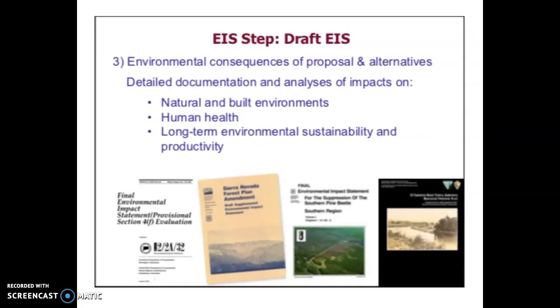The third component is the environmental consequences of a proposal and its alternatives. So detailed documentation and analyses of impacts on the natural and built environments, human health, and long-term environmental sustainability and productivity.